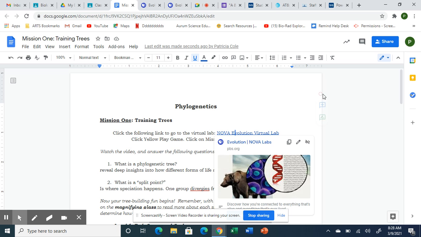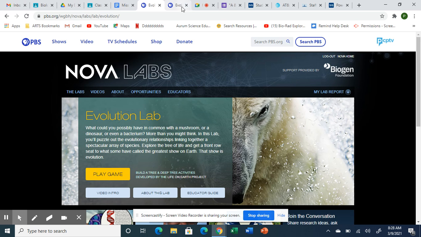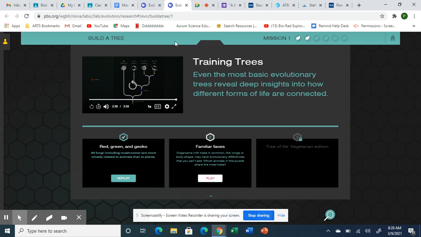All right, so now we are going to go to level 1 here. Here we are. Red, green, and gecko is where we are going to be building our first tree.